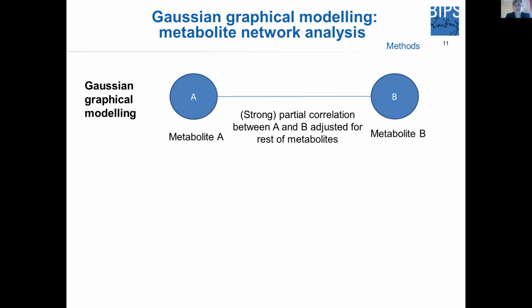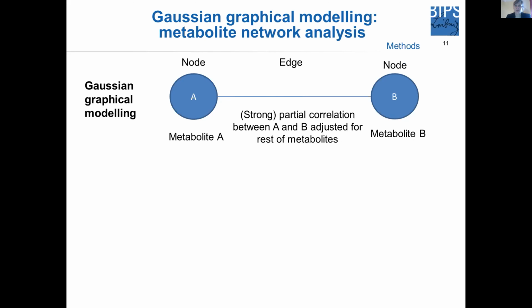So what you can do is take metabolite A and metabolite B and calculate the partial correlation between the two, adjusted for all the others. Then you sort out only the strong partial correlations that are left behind, and these are some true associations or direct effects.